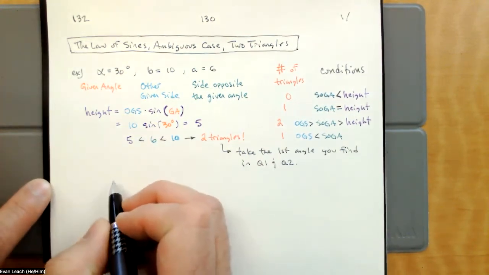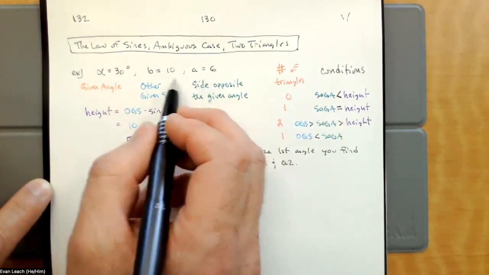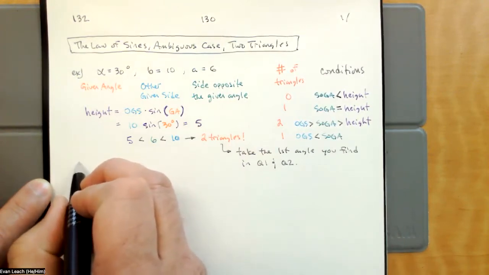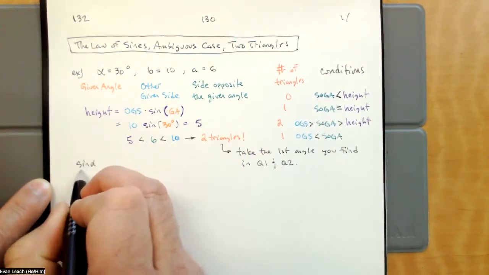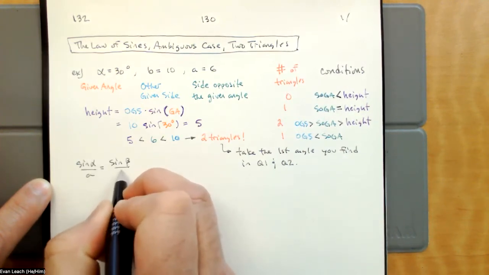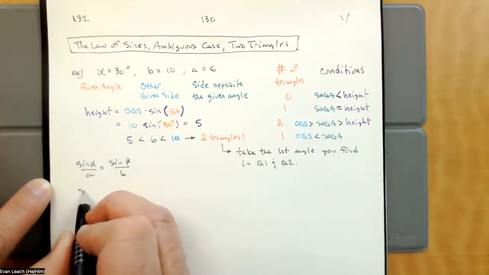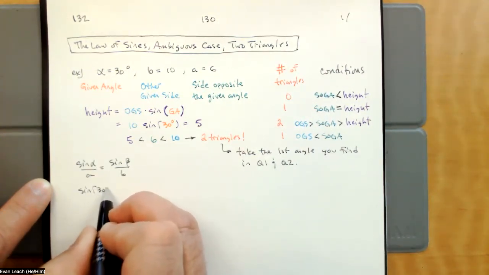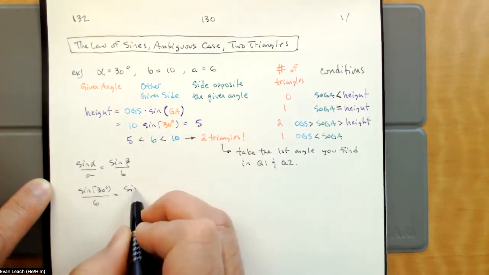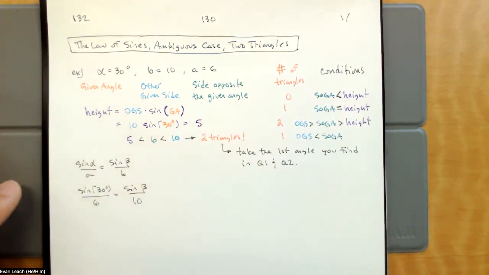So we've got to find our first angle. Our first angle is beta, because I have alpha and A, and I have side B. So that means we're going to have to find angle beta. So sine alpha over A is sine beta over B. Alpha is 30 degrees, so the sine of 30 degrees divided by 6 is equal to the sine of beta that we're looking for over B, which is 10.